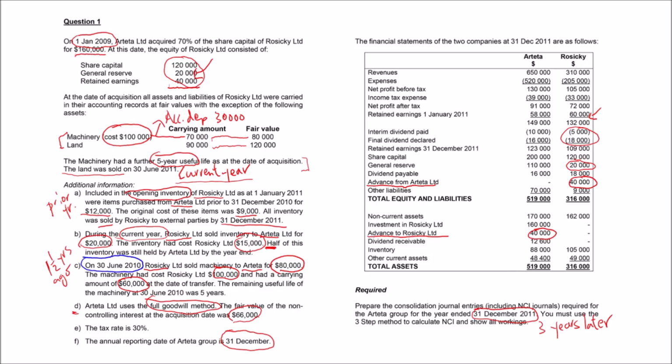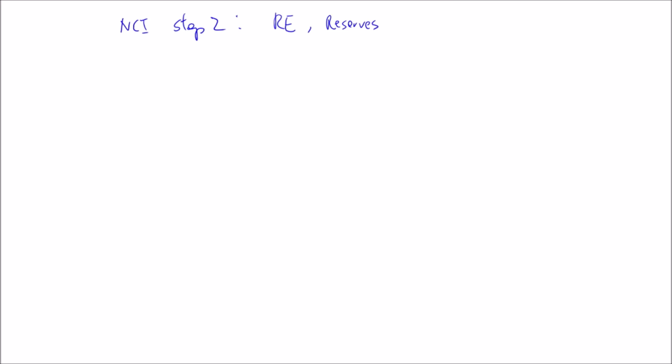That $20,000 would be the starting point of our step 2 calculation. So we're going to write down opening retained earning, $60,000. And we want to minus pre-acquisition retained earning, and the amount was $40,000. So our starting point will be $20,000.